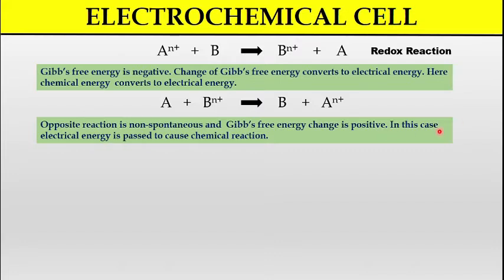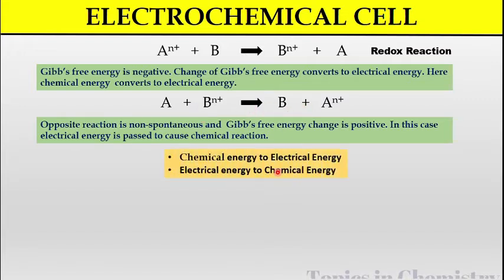In this case, as written here, electrical energy is passed to cause a chemical reaction. Actually, this reaction is non-spontaneous, that means it does not occur by itself. To make it occur, you have to supply energy, and the electrical energy that is passed causes a chemical reaction.